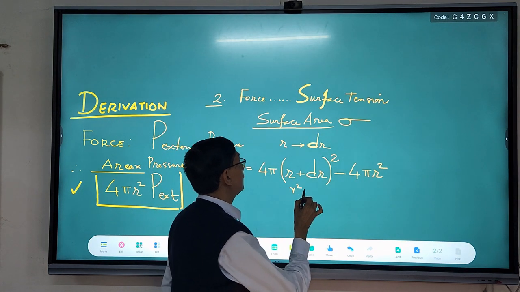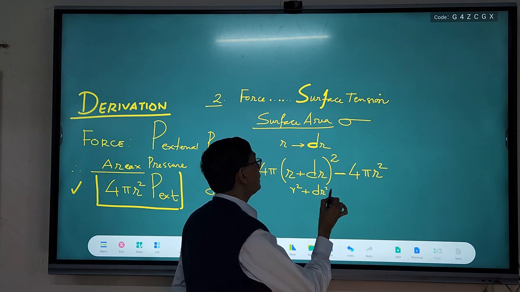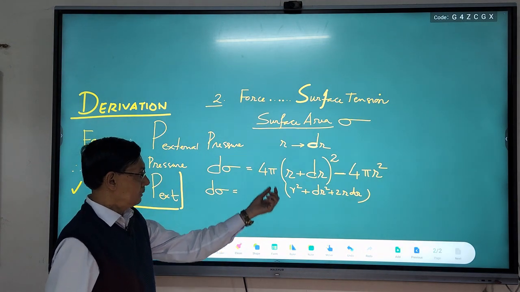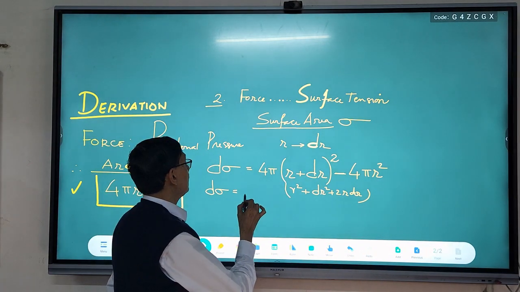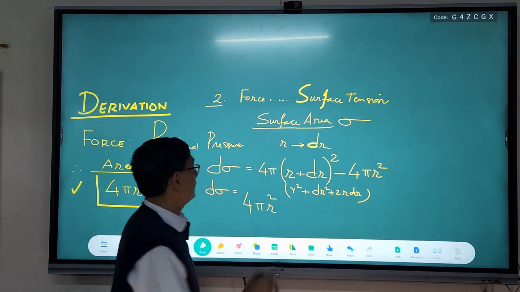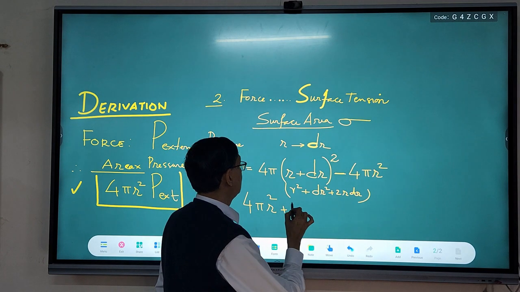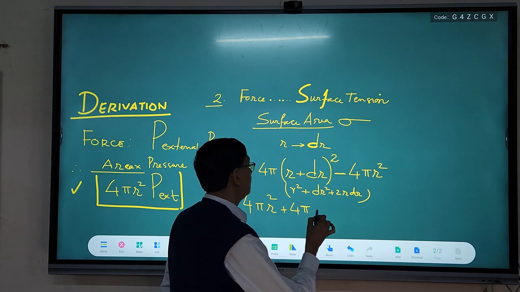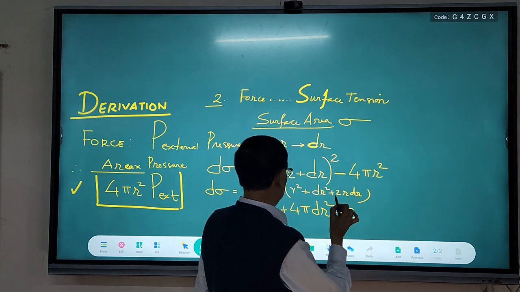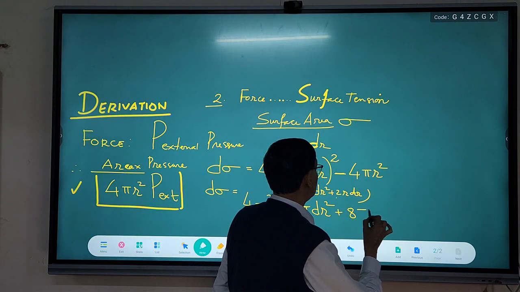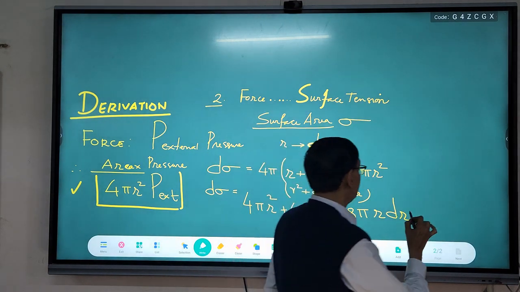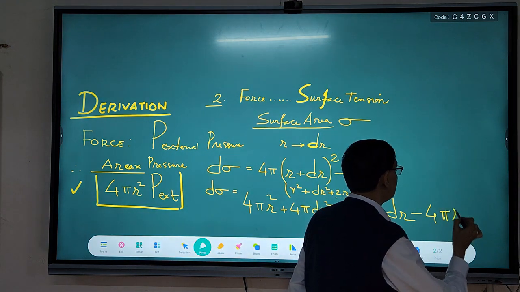So I can calculate like that: (a plus b) square is a square plus b square plus 2ab, so r square, dr square, and 2r dr. So I can write it as 4 pi r square plus 4 pi dr square, the second order term, plus 2 into 4, 8 pi r dr, minus 4 pi r square.